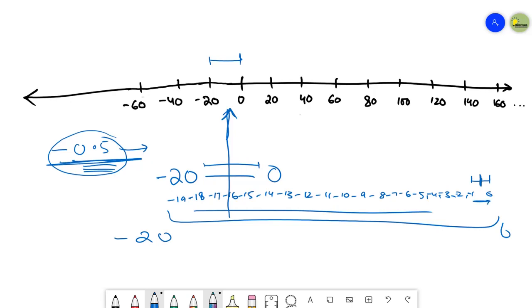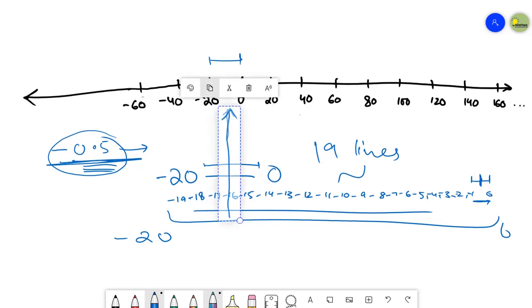Why? Because how many divisions do I need to make between minus 20 and 0? 1, 2, 3, 4, 5, 6, 7, 8, 9, 10, 11, 12, 13, 14, 15, 16, 17, 18, 19. I need to mark 19 lines in order to plot these numbers.